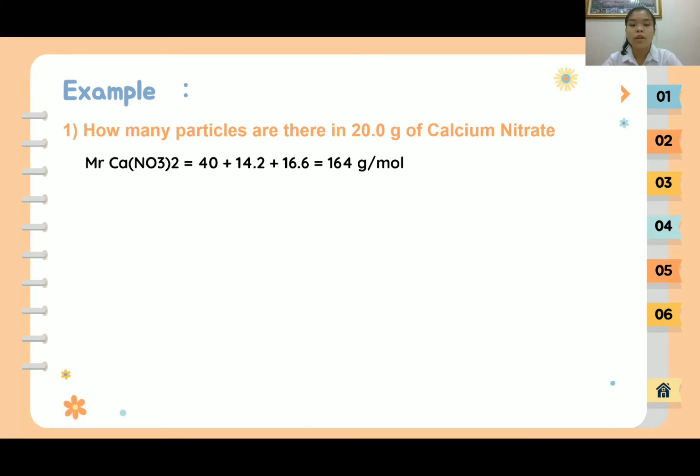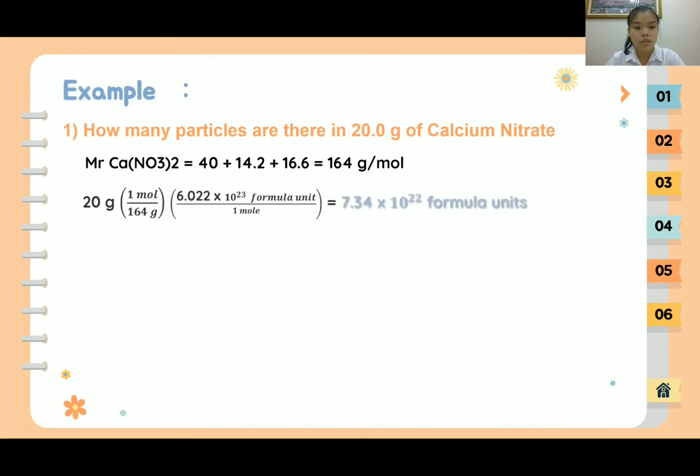Because it is asked how many particles are there in 20 gram of calcium nitrate, we need to change the gram into mole. To change it, first we write the 20 gram of calcium nitrate. Then eliminate the gram by using the molar mass. Because we already eliminate the gram, there is only mole left. 1 mole in Avogadro number is 6.022 times 10 raised to 23 formula unit.